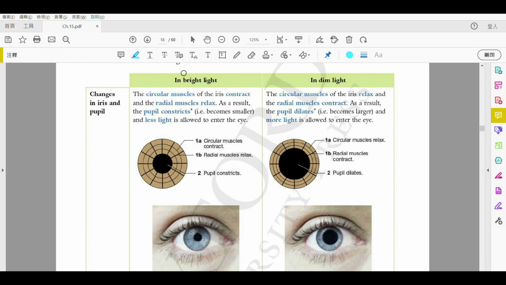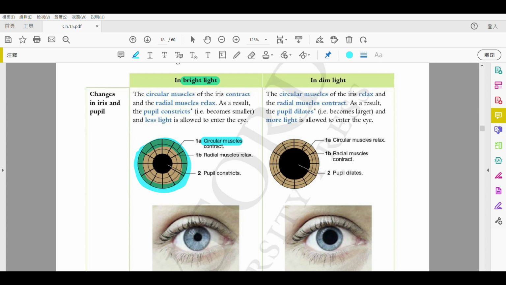Okay? So in the bright light situation, I prefer you to remember the definition of these two muscles first. Okay? So circular, what does it mean? Just like a circle. If they're arranged in a circle, this one will be the circular muscle. So what does radial muscle mean? Radial is like radiating rays.